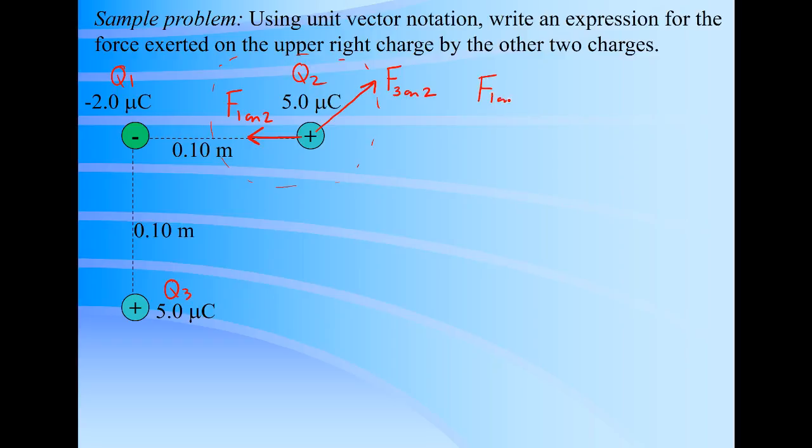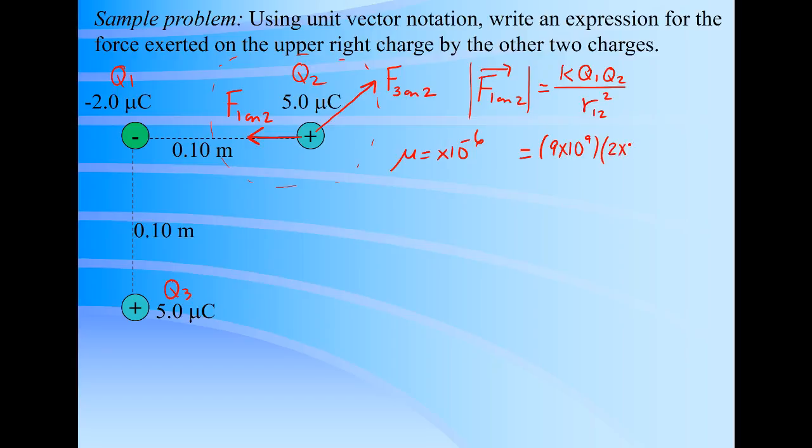So F1 on 2 is going to be equal to k Q1 Q2 over r12 squared. And this is the magnitude of that force. And so let's get out our calculators. What you'll see here is that we have the symbol mu C. So mu, as a reminder, is times 10 to the minus 6. So that means that this force would be equal to 9 times 10 to the 9th, and let's not worry too much about its units right now.